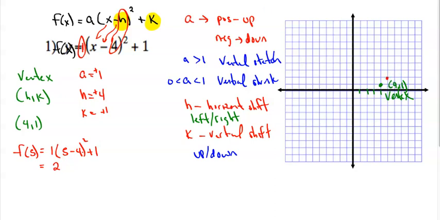Now, from the previous video that we did on standard form, we also know that we have an axis of symmetry here, which I'm going to abbreviate AOS. My axis of symmetry is going to be x equals 4.